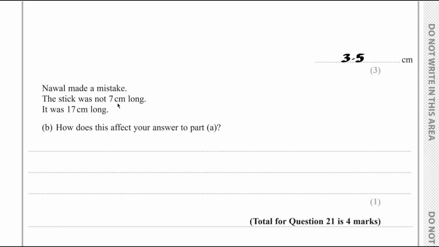The stick was not 7 centimeters long, it was 17 centimeters long. Part B, how does this affect your answer to part A? Well, as one of the sticks is longer, the sum of the remaining 4 sticks will be smaller, which means the mean we found here will also be smaller. So the mean would be less.